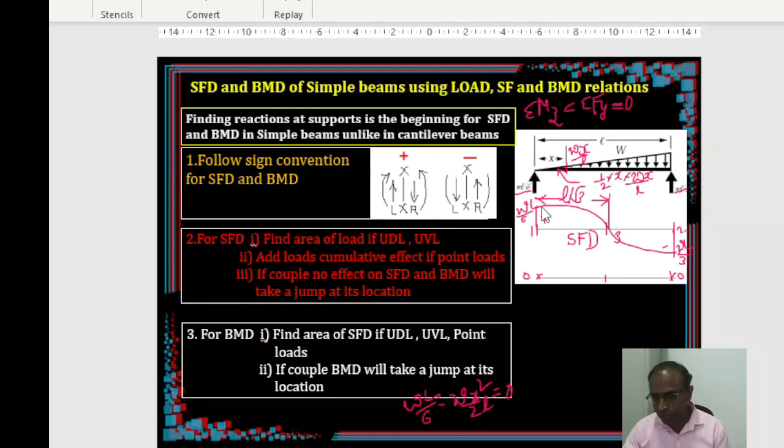What is the area of this? As we told, this particular area is going to be 2/3 of the rectangular area, since this is a parabolic curve. So 2/3 of this area is how much? 2/3 of WL by 6 times L by root 3.